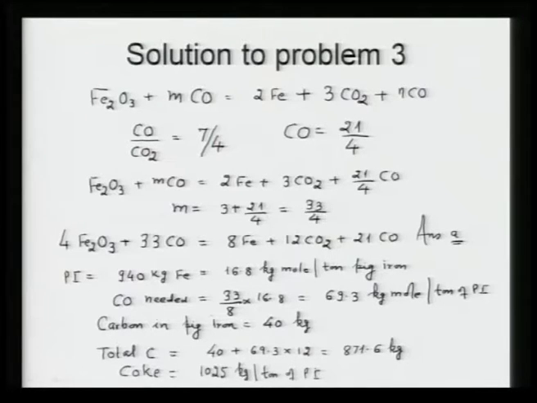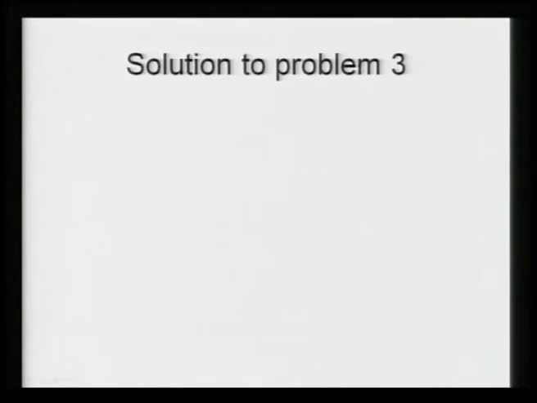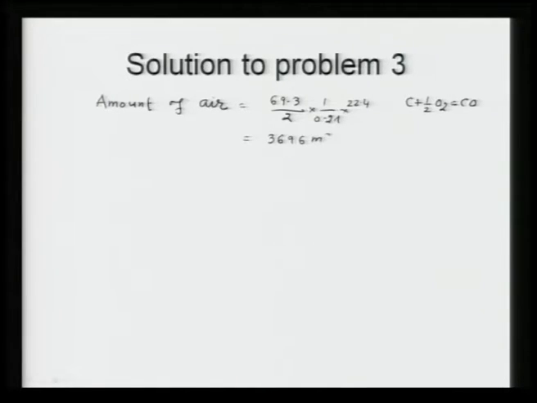Then, further we can calculate the amount of air, which will be equal to 69.3 by 2, because C plus half O2 is equal to CO, into 1 upon 0.21 into 22.4. That gives us 3696 meter cube, which is the amount of air.